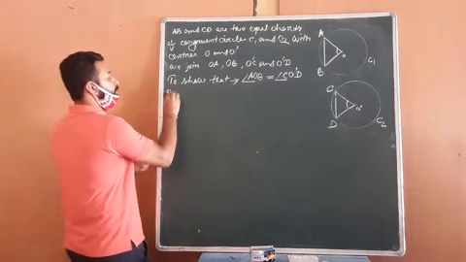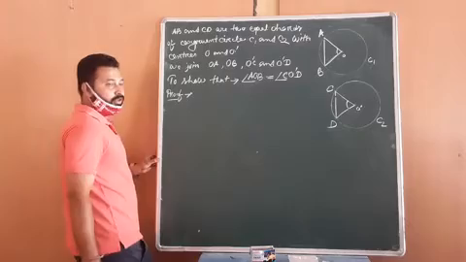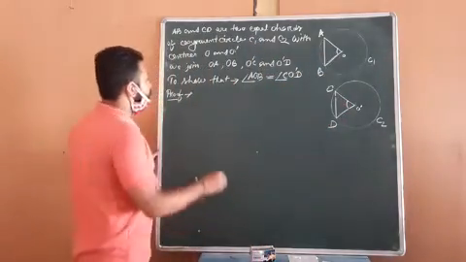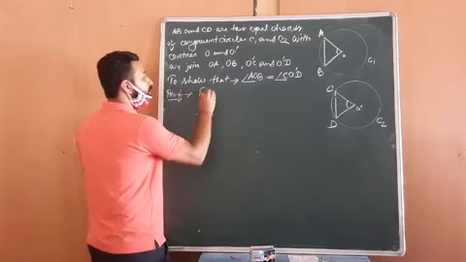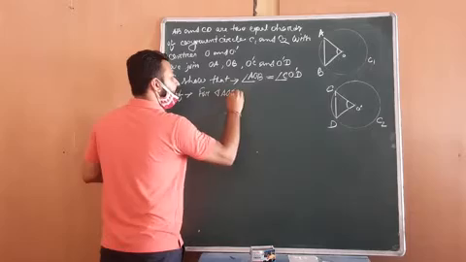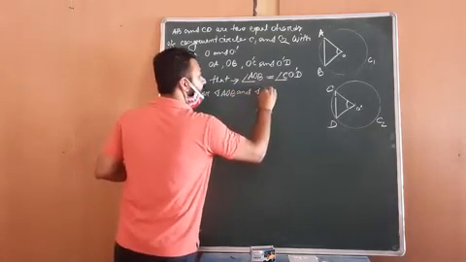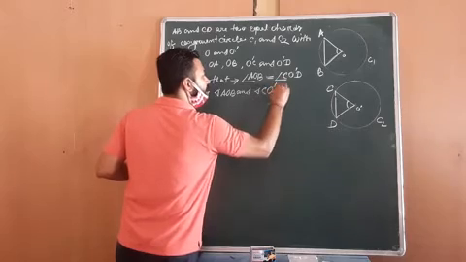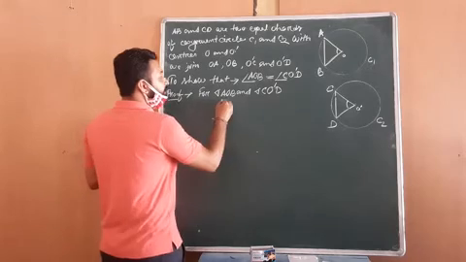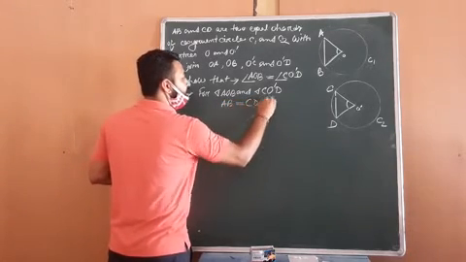Now the proof part. We will take this triangle and this triangle. For triangle AOB and triangle CO dash D, we are given that AB is equal to CD, which is given.